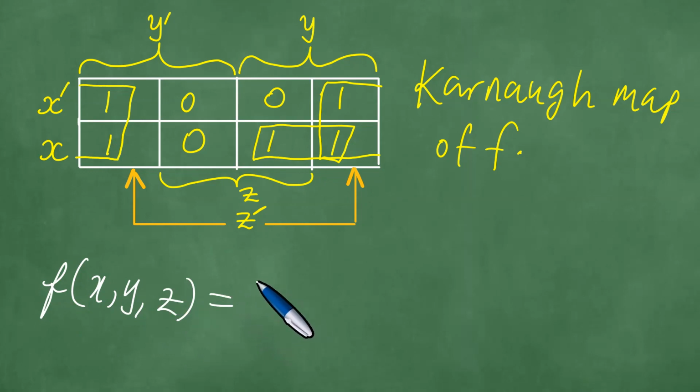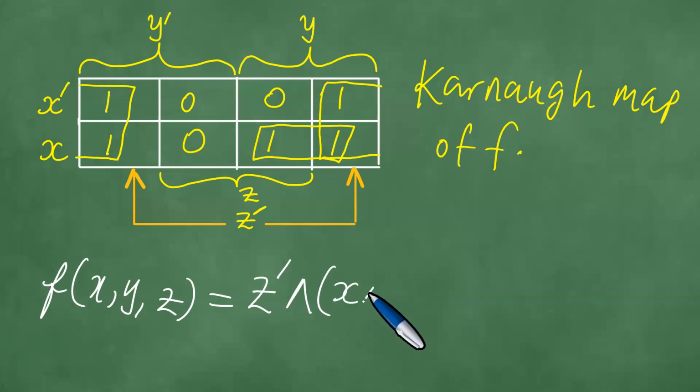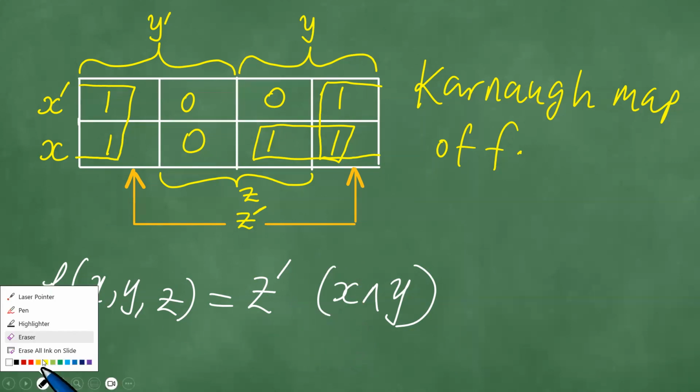So which means that the function here, X, Y, and Z, this function is Z primed and X and Y. This one is the full Z primed. So it becomes Z primed or X and Y, right?